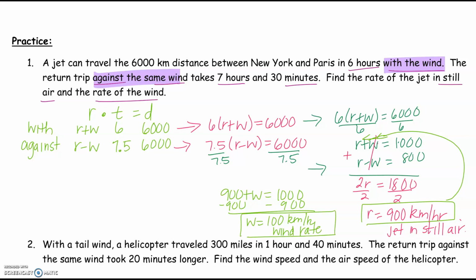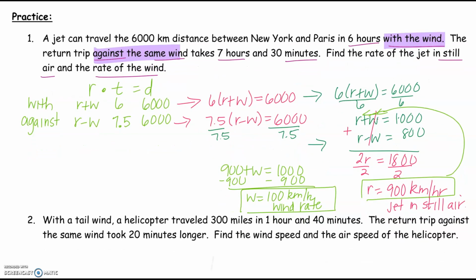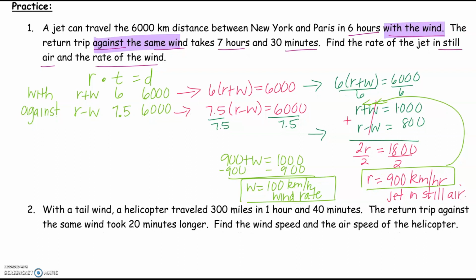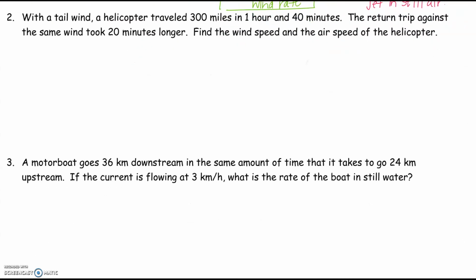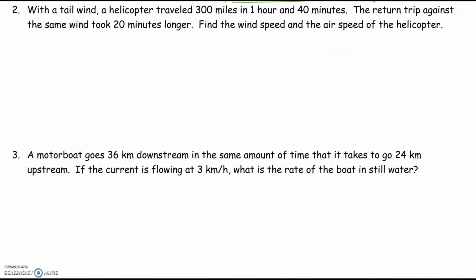All right. So hopefully that makes some sense. Let's try another one and see how that one goes. Okay, so number 2 says, with a tailwind, a helicopter traveled 300 miles in 1 hour and 40 minutes.